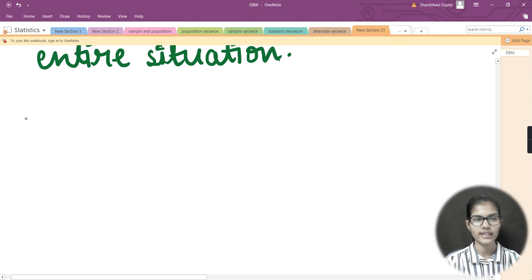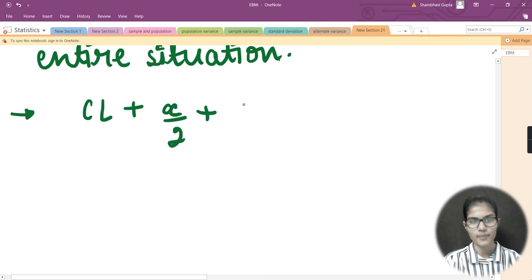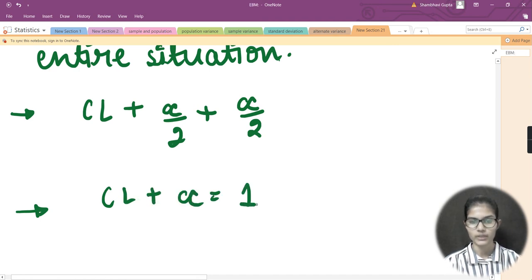Now, what is the condition here? CL is the confidence level, CL plus alpha by 2 plus alpha by 2. This results in the format CL plus alpha is equal to 1.